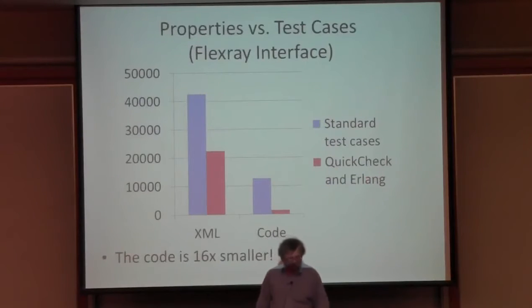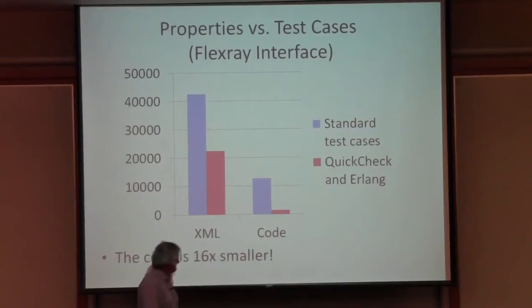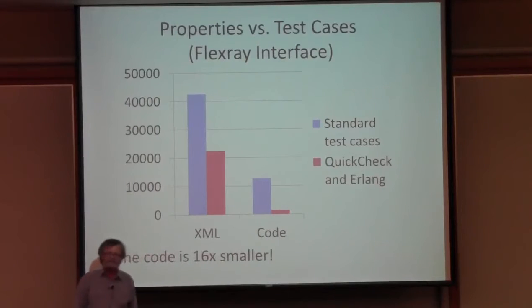So that's quite a good ratio. But normally you need more test code than that per line of implementation code. Here's another comparison. We were actually able to get hold of a test suite for one of the components, a FlexRay interface, so-called. And we could compare the size of our test code to the conventional test code. Now, unfortunately, this stuff has to be configured, and that means XML, lots of it. XML is big. We're able to get away with about half as much XML as the developers of the standard test suite, but there's still a lot of it.